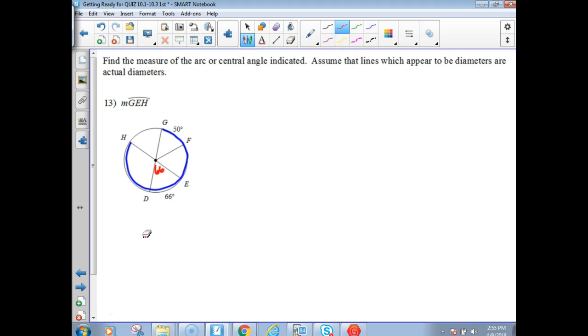Remember, the arc is equal to the measure of its central angle and vice versa. So if that's 66, this is 66. And now to find that whole thing, I just do 360 minus 66. So 360 minus 66 is 294.